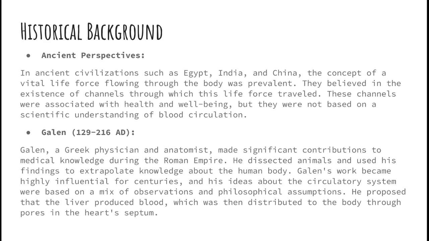He proposed that the liver produced blood, which was then distributed to the body through pores in the heart's septum. So his ideas were mixed with observation, and there were some philosophical assumptions as well.